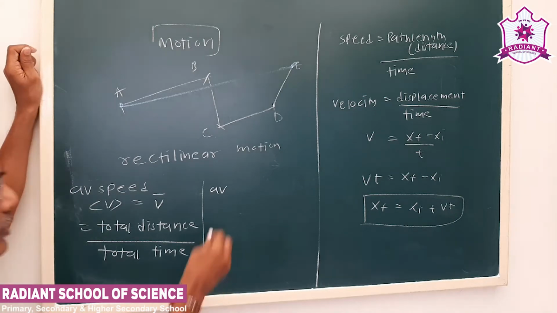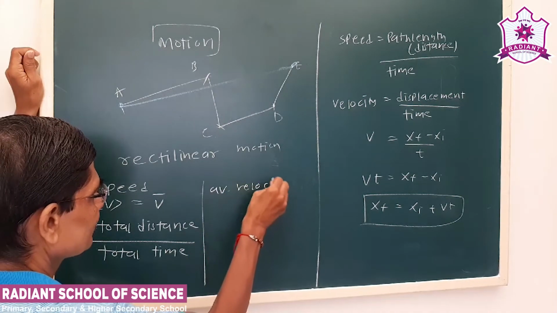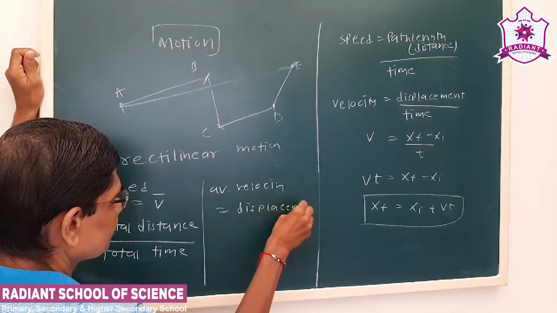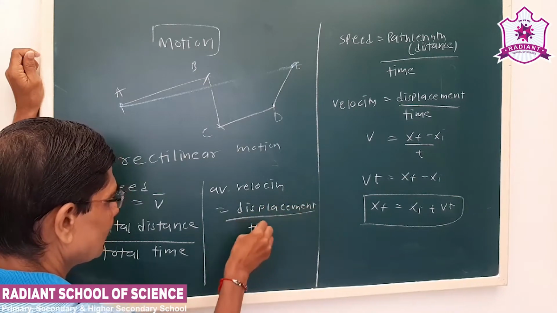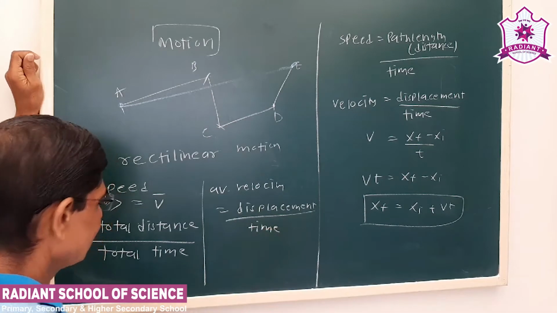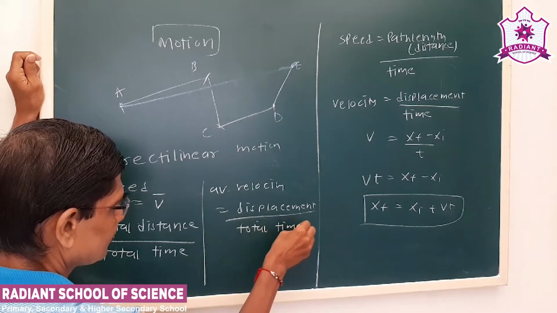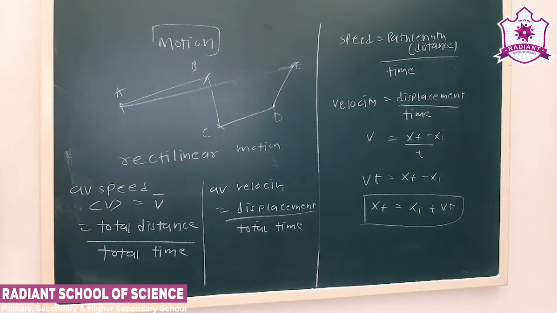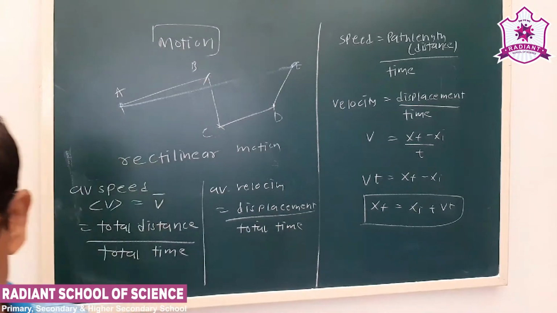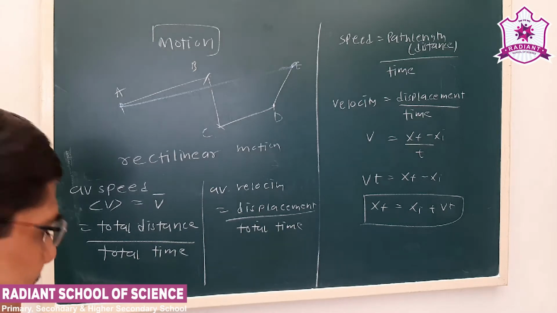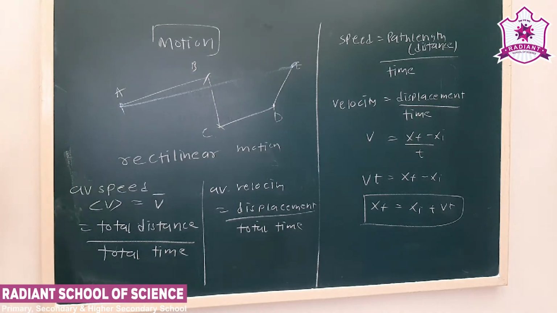Average velocity is displacement upon time interval, or total time. One more thing you have to keep in mind: time is always positive, can never be negative. So this is about average speed and average velocity.